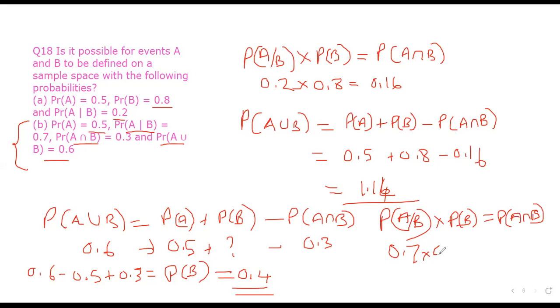We just found 0.4. It should give us the intersection that we have found. What was our intersection that was given? 0.3. So when you apply these two, you get 0.28. Is it the same as 0.3? No. So what do we say? It is not consistent.